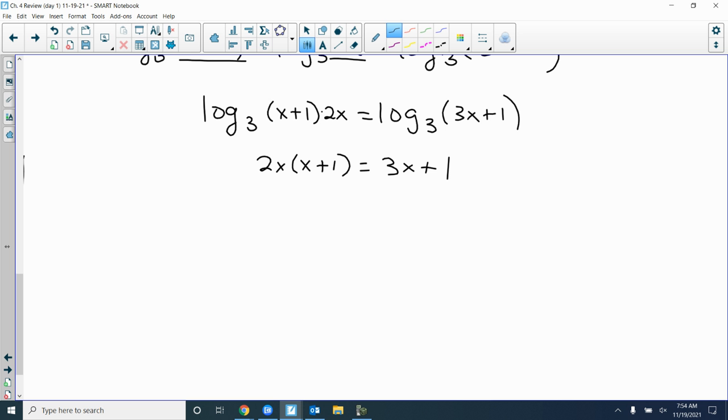You just have an equation, and you have to figure out what you need to do to solve it. So distribute the 2x, and I get 2x squared plus 2x equals 3x plus 1. You're going to have a quadratic, so set it equal to 0 and find the factors.